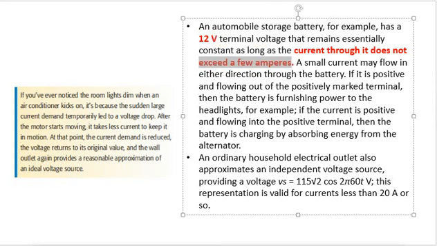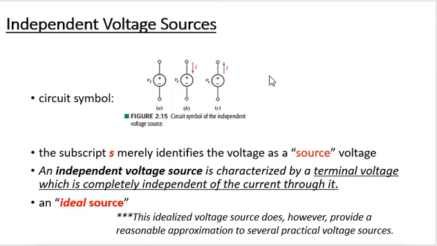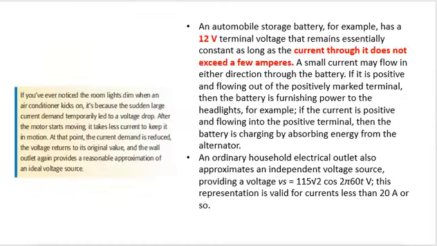So, ibig sabihin, kahit magbago pa yung current na lumalabas sa kanya, 12 volts pa rin siya, pero hindi forever. Okay? Until lang, it will not exceed a few ampere. Depende. So, ideal siya at some point, pero after some time na masyado nang it draws out a lot of current, hindi na siya nagiging ideal. Pero at some point, ideal pa rin naman siya.